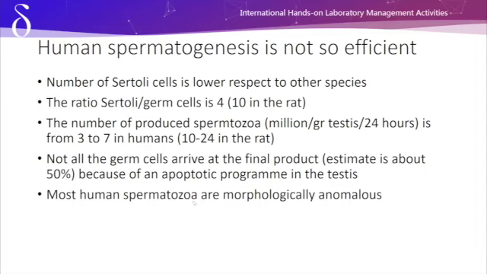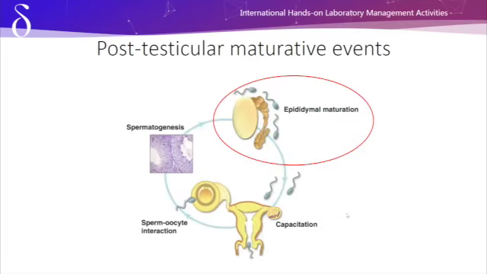And finally, we know that most human spermatozoa are morphologically anomalous, are not really typical, like it happens in other species.